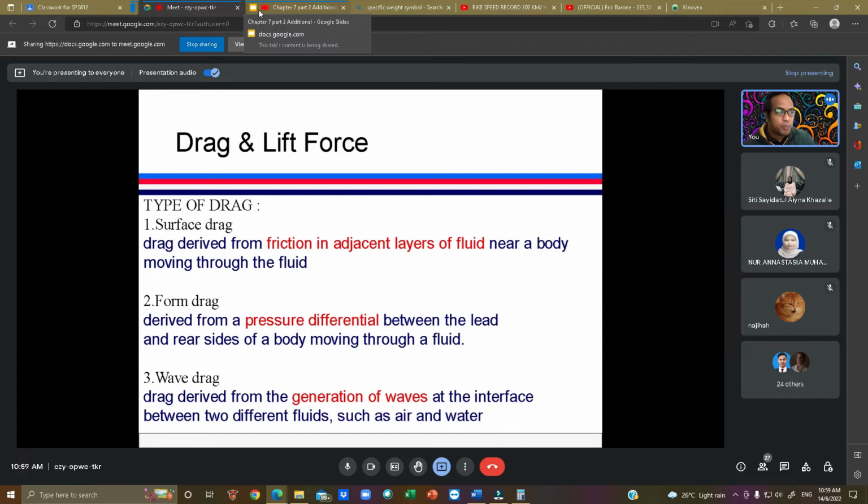Okay, 10 Newton, tapi hasil dia bukan 10, hasil dia 8. We lost 2 to surface drag. So surface drag is drag pada permukaan. So when we talk about performance in fluid condition, we are subjected to surface drag. Jadi kalau kita nak kurangkan surface drag, macam mana?